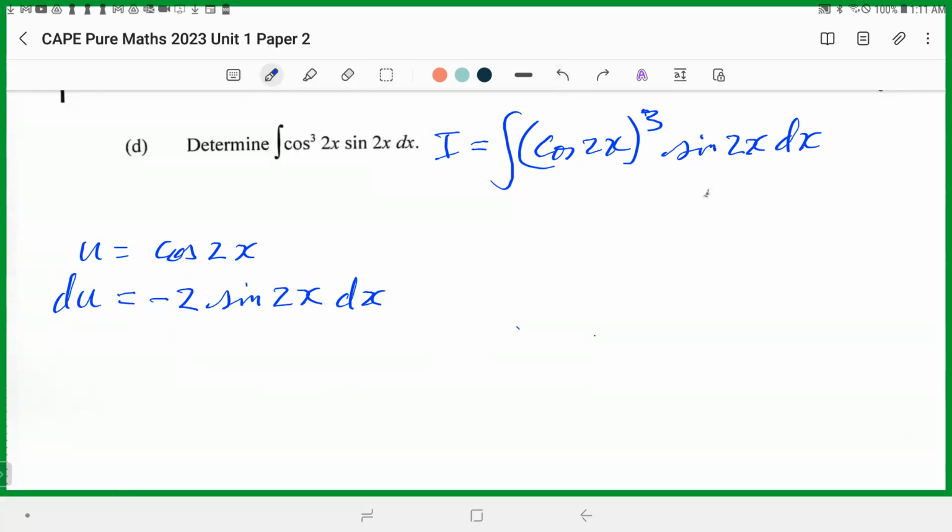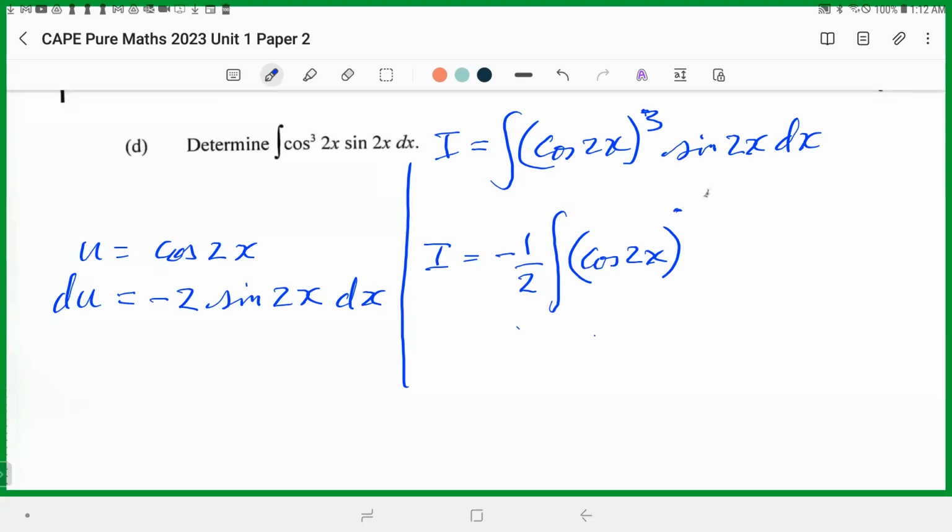What I'm going to do is put the negative 2 and cancel it with the negative half outside. So the integral is going to become negative half times the integral of cos 2x cubed. Why did I put the negative half?